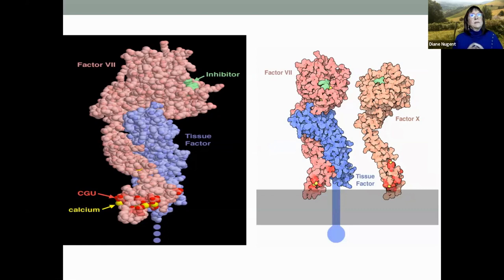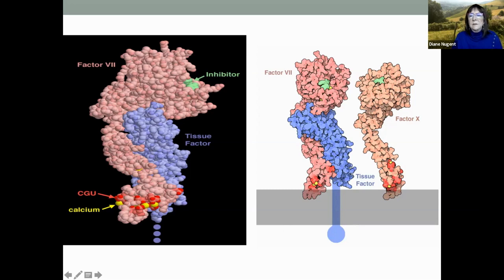Vitamin K is processed by bacteria in your gut, and then you absorb it. If you do not have those changes from vitamin K in your protein, the calcium cannot bind, and then the protein does not work. This is why it's so important to give babies vitamin K injections right at birth, so that they can quickly get more functional proteins that are dependent on vitamin K.